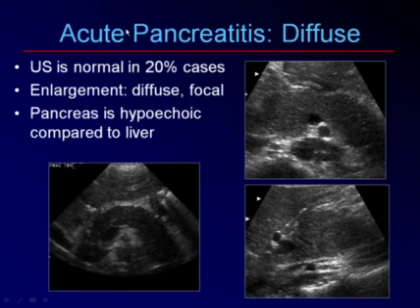Now, acute pancreatitis is usually a diffuse process, although it can be focal. It's a diffuse enlargement of the gland, and the gland becomes hypoechoic relative to the liver. In this case, it's not hard to recognize because the gland is swollen.